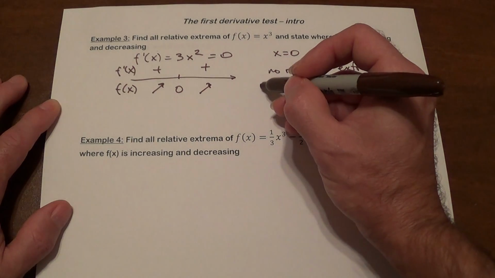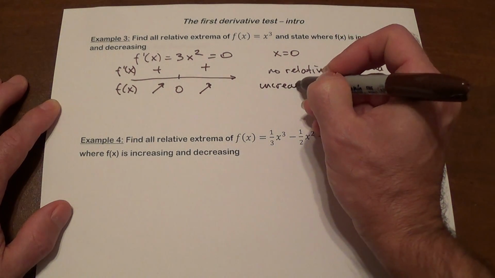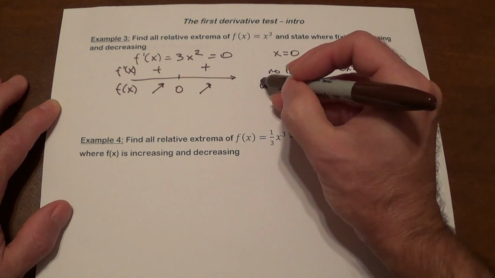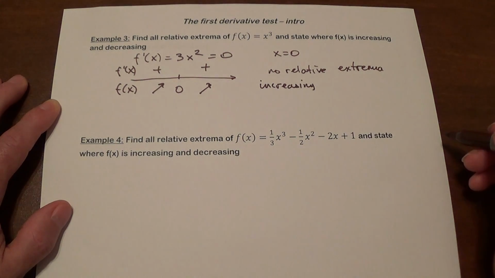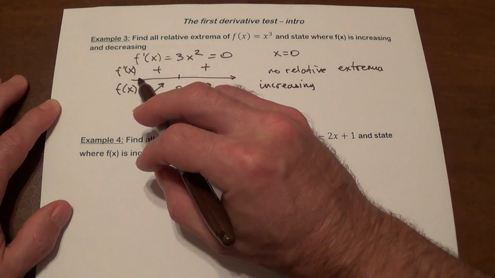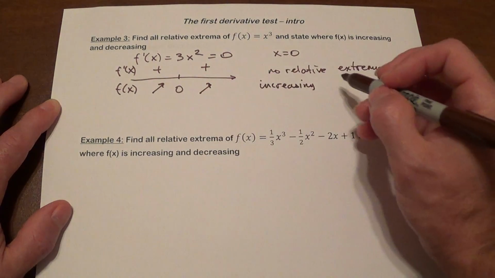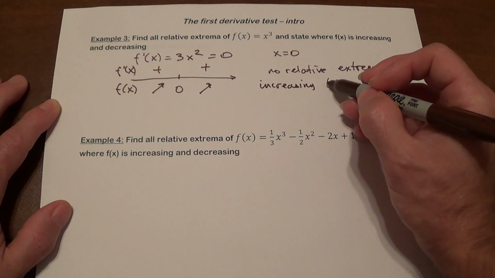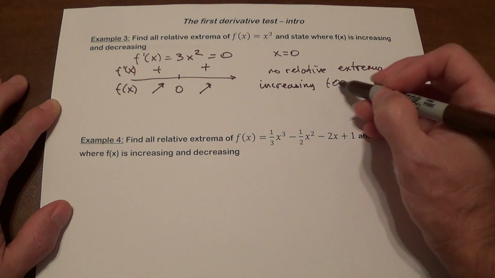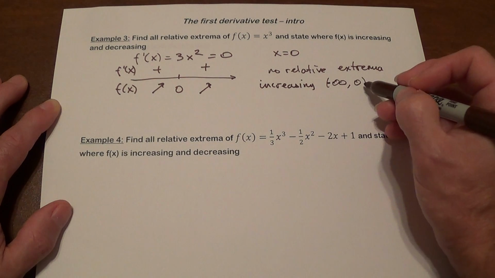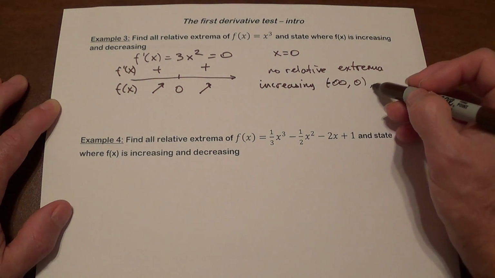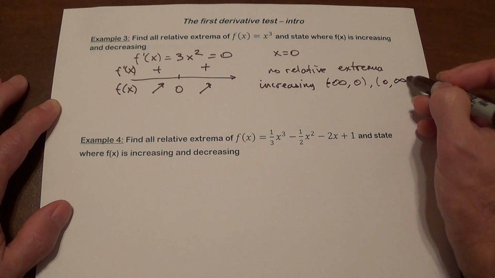What's going on with the function? The function is increasing where the derivative is going to be positive. So it's increasing here from negative infinity to 0, and also from 0 to infinity.